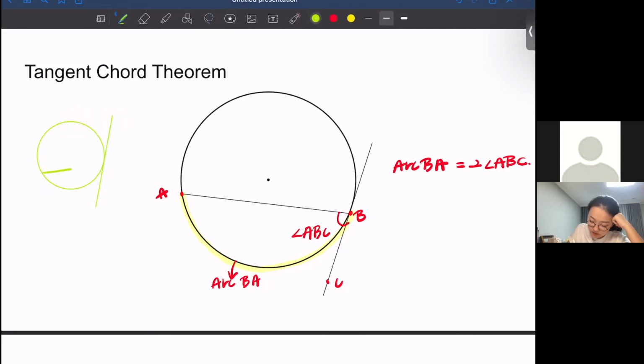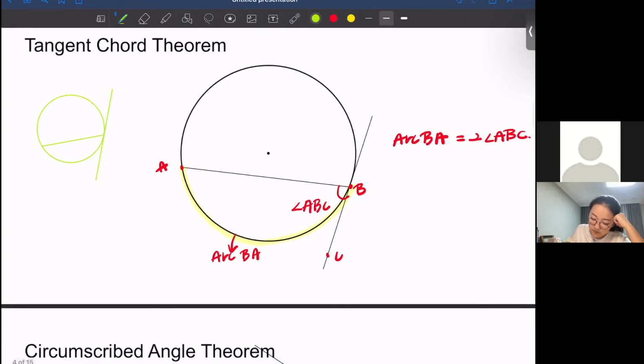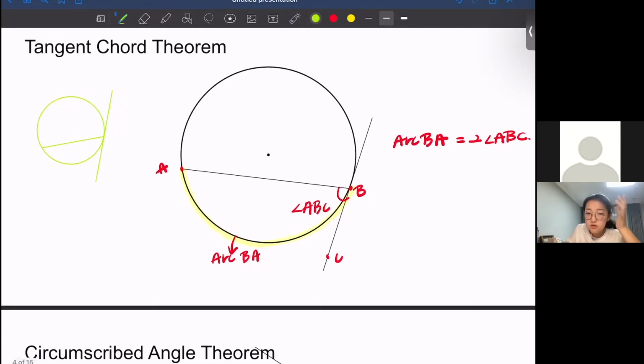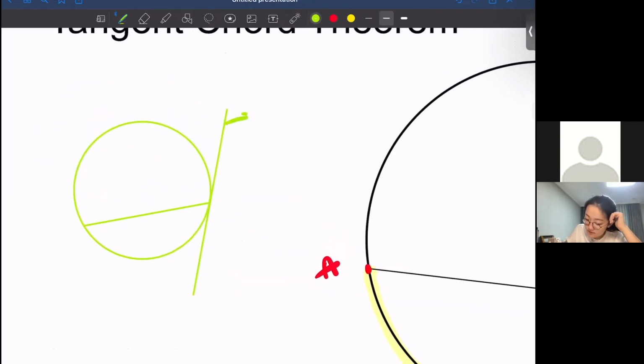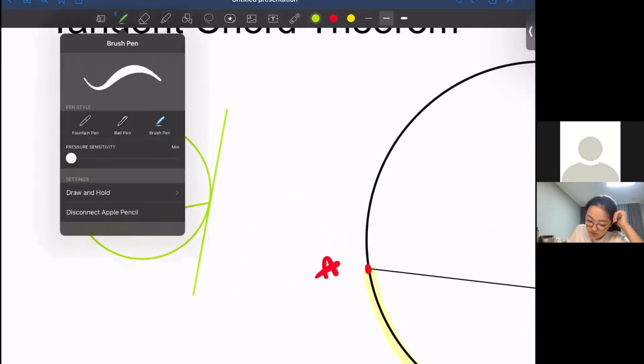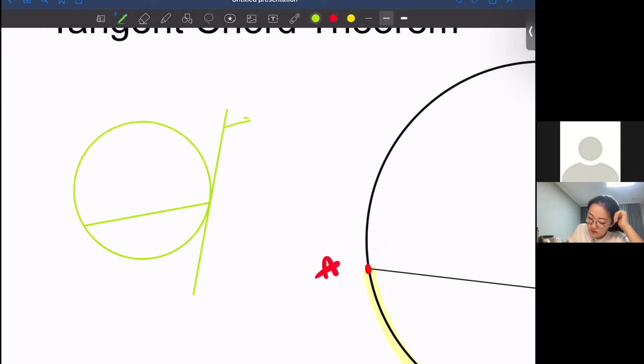And there is a chord right here. The question clearly states that this is a tangent, and that this is a chord.